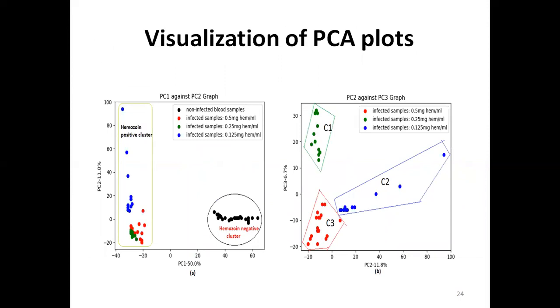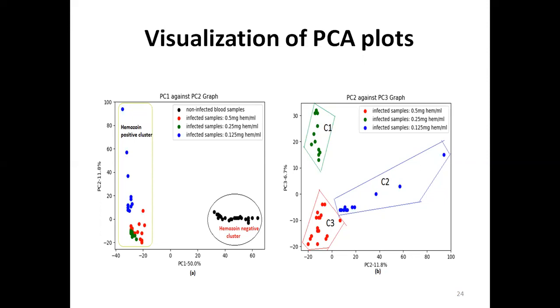We went ahead and tried to classify different parasite levels using the photothermal induced optical scattering modulation for samples with varying hemozoin concentration.